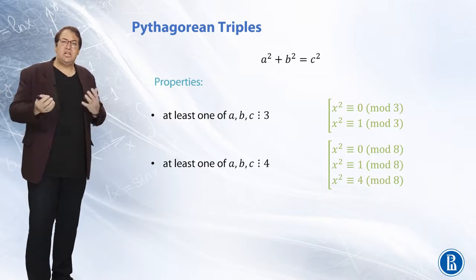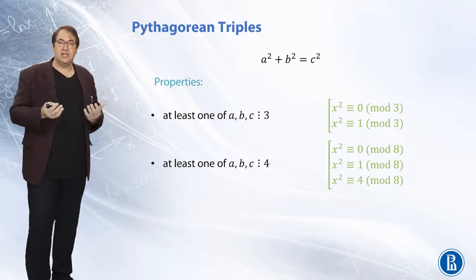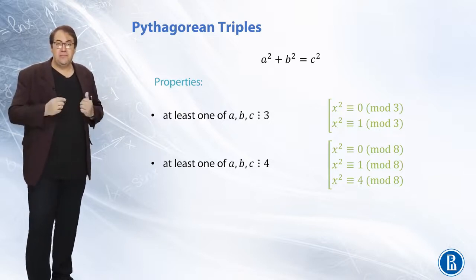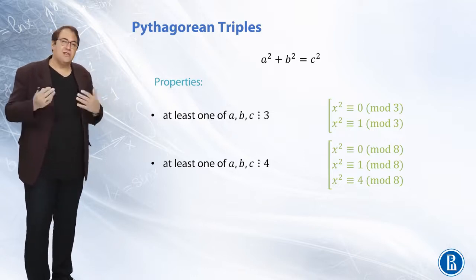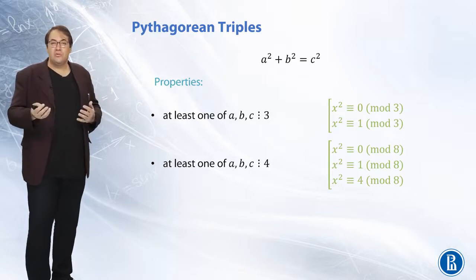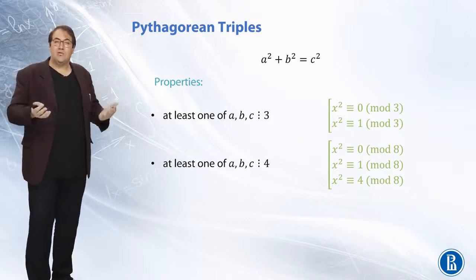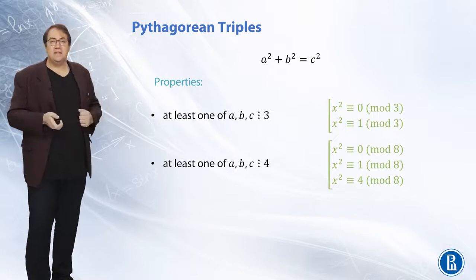And by checking several cases, it's easy to see that the Pythagoras equation cannot hold if 0 is forbidden modulo 8. For instance, 1 plus 1 is not equal to 4, and it is not equal to 1 either. 1 plus 4 is neither 1 nor 4 modulo 8, and so on.